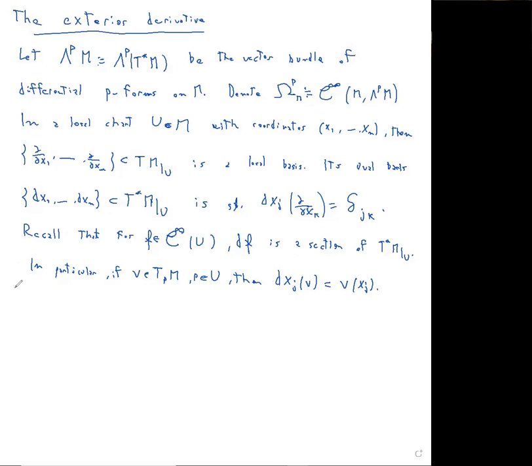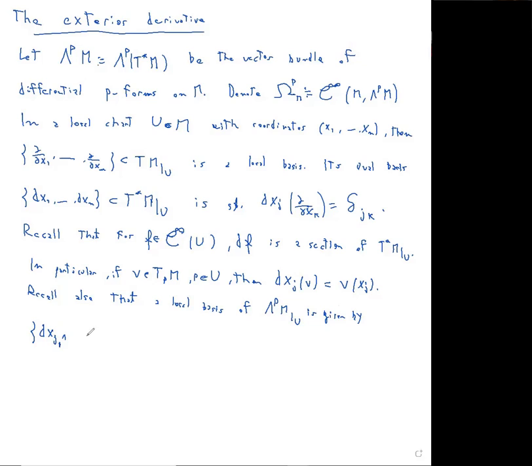And so we also recall that we do have a local basis for this set of sections. That local basis of Lambda^p M restricted to U is given by wedge products of these basis elements.